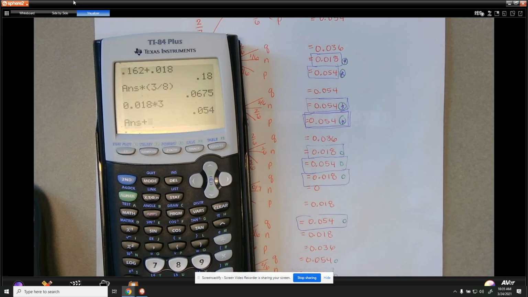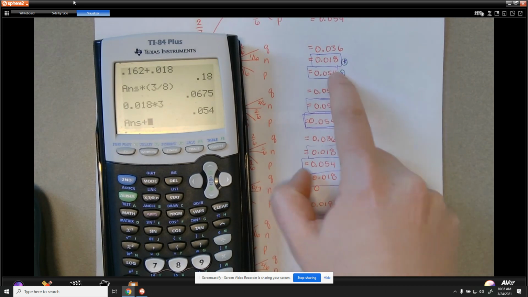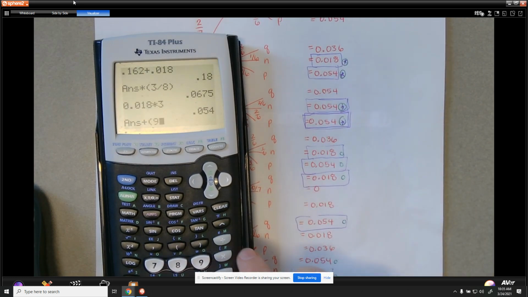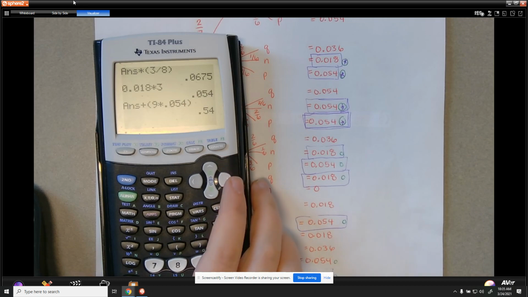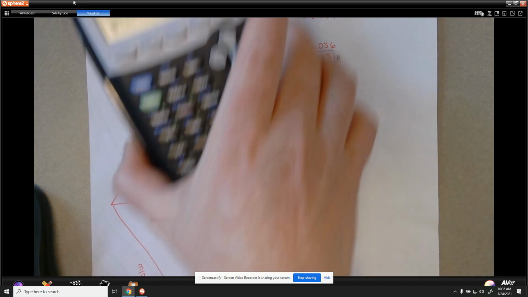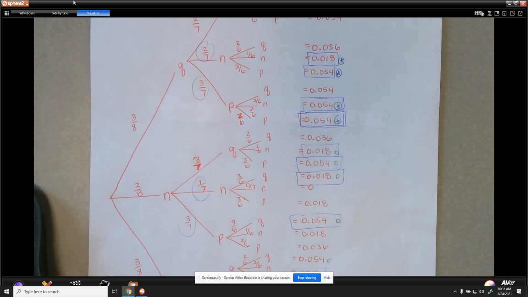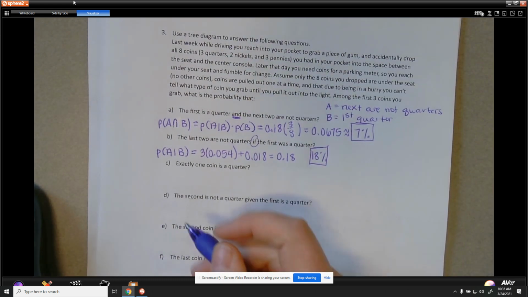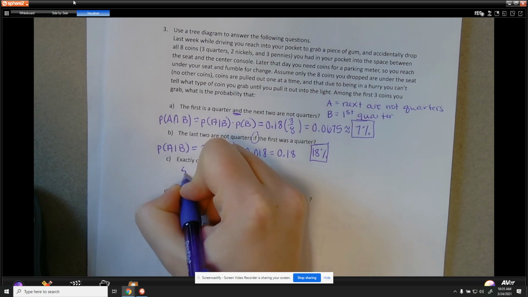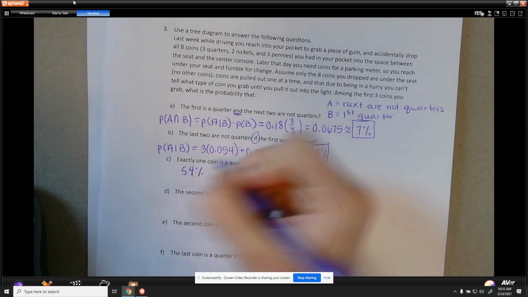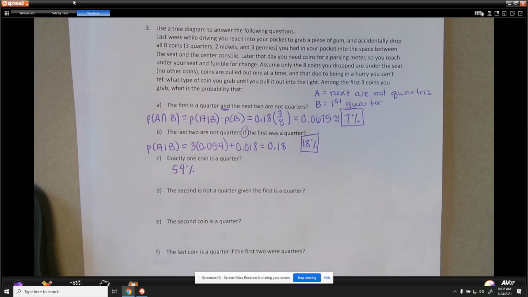Plus 1, 2, 3, 4, 5, 6, 7, 8, 9 times 0.054. So we have a 54% chance that exactly one coin is a quarter.